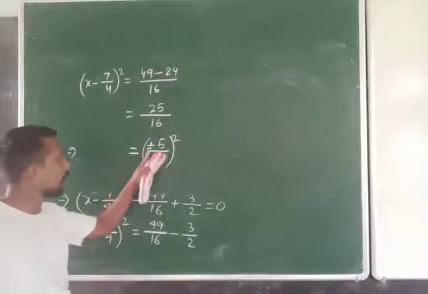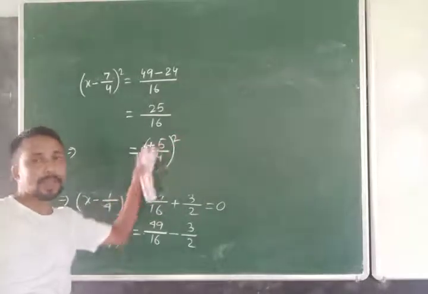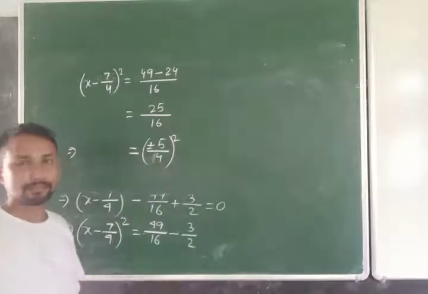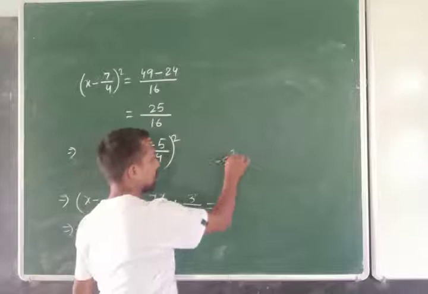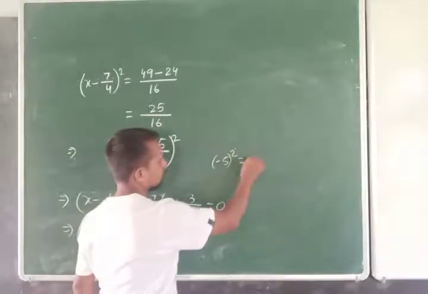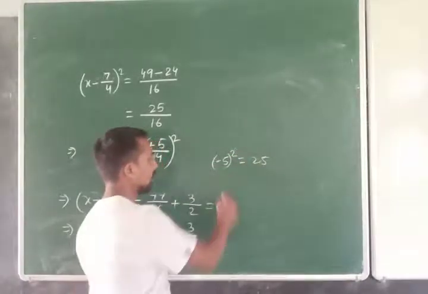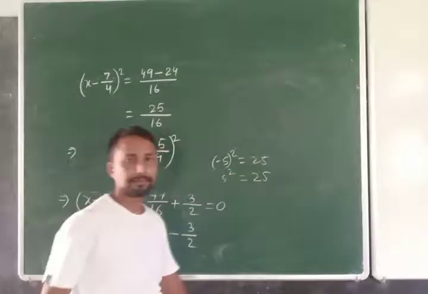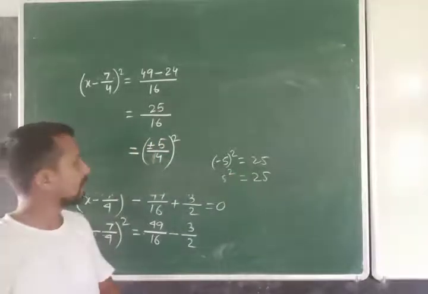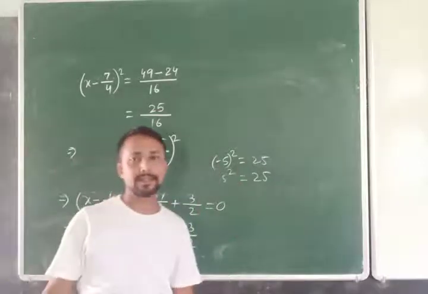Why do we need to write it? We keep the square as plus minus. Minus 5 square is 25, and plus 5 square is also 25. So either it is a plus or minus.